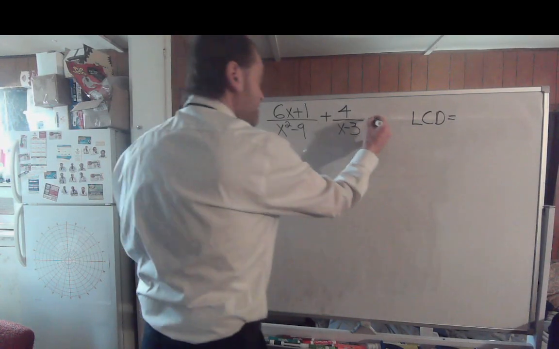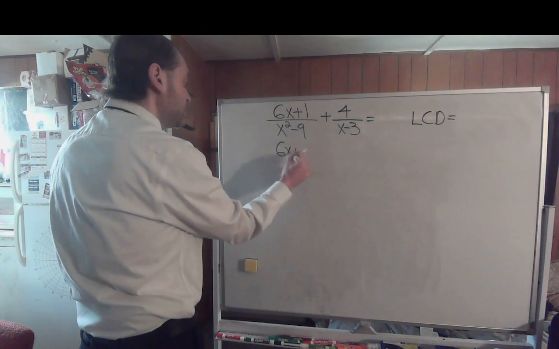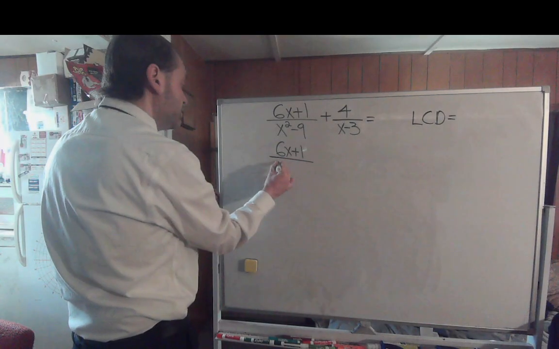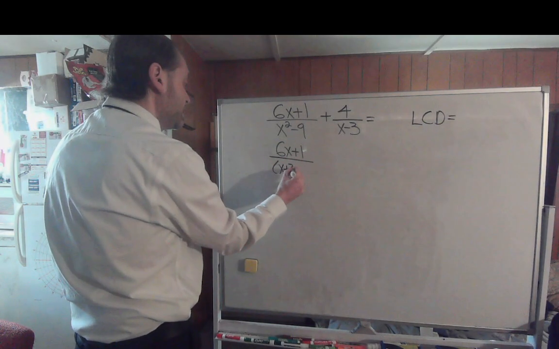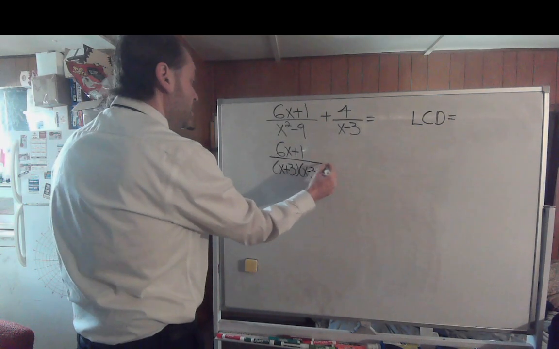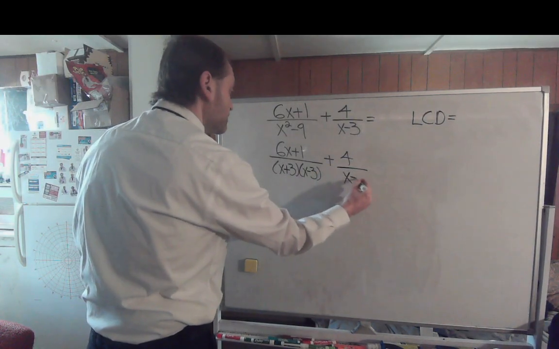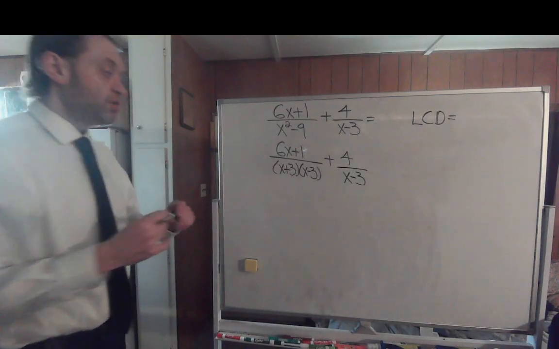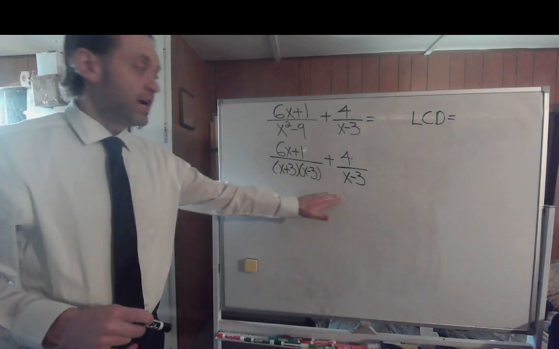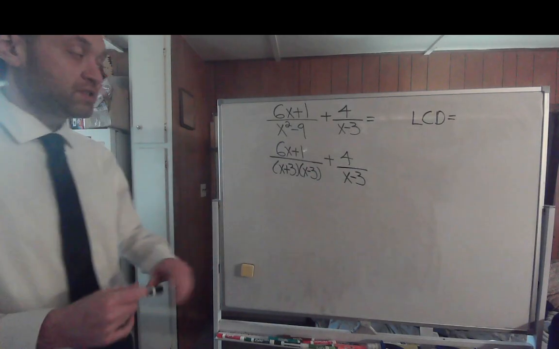Why don't we go ahead and factor what we can factor? So this would be 6x plus 1 over x plus 3 times x minus 3, all that plus 4 over x minus 3. Alright, so both terms in the denominator have an x minus 3, but only one of them also has an x plus 3.